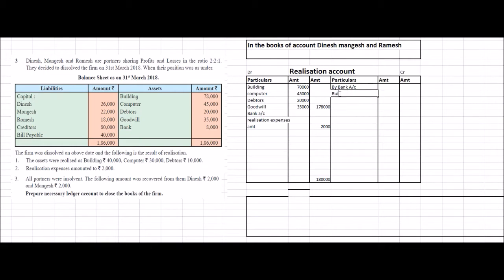Building 40,000 rupees, and computer 30,000 rupees, and data 10,000 rupees.